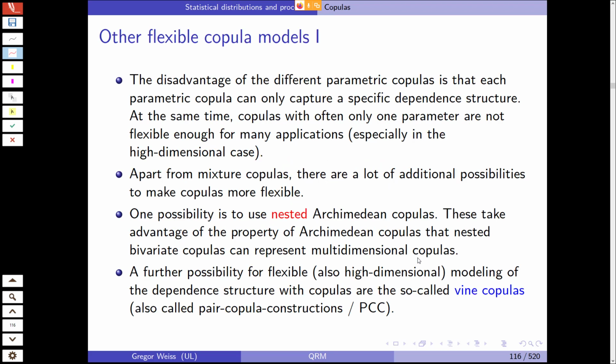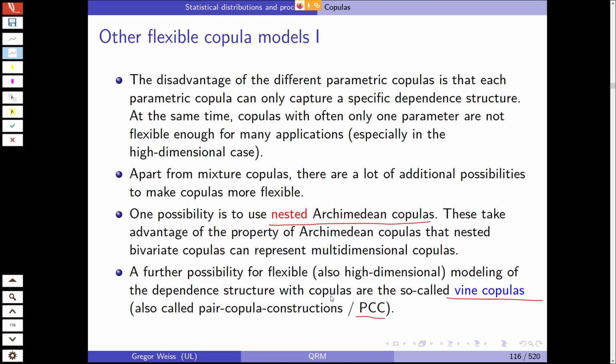Other flexible copula models. I don't want to go into too much detail here. The most famous ones are so-called nested Archimedean copulas and so-called pair copula constructions, or vine copulas. If you do some modeling with these, you have to go to the literature and look these models up. Vine copulas or PCCs are probably very famous ones here. What you try to do, even in high dimensions, is to have some flexibility when it comes to the parametric family from which you take the copulas.